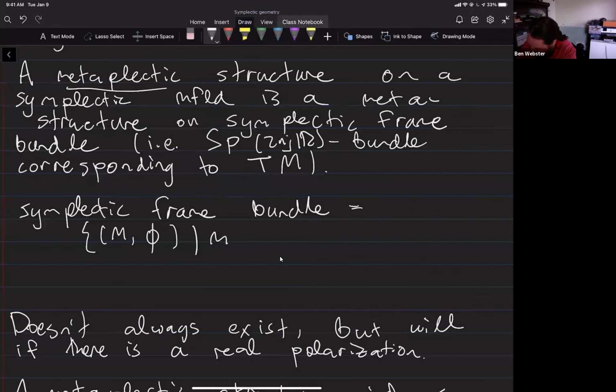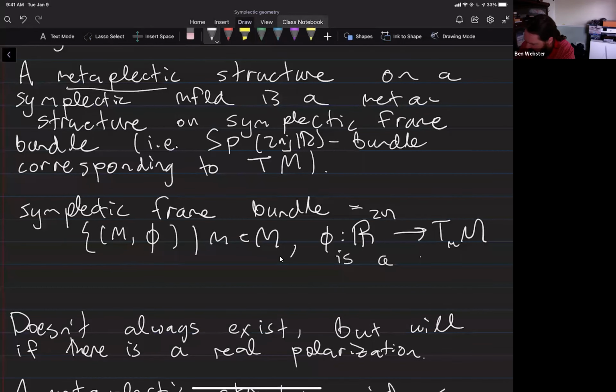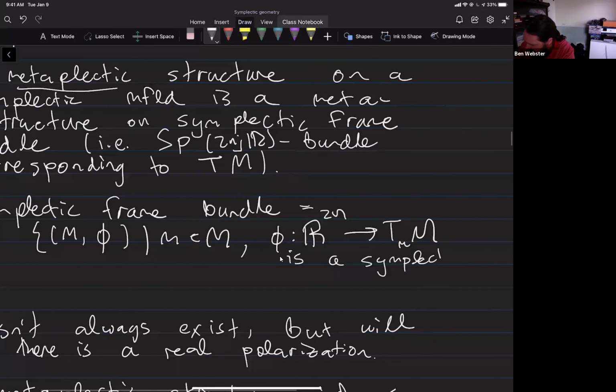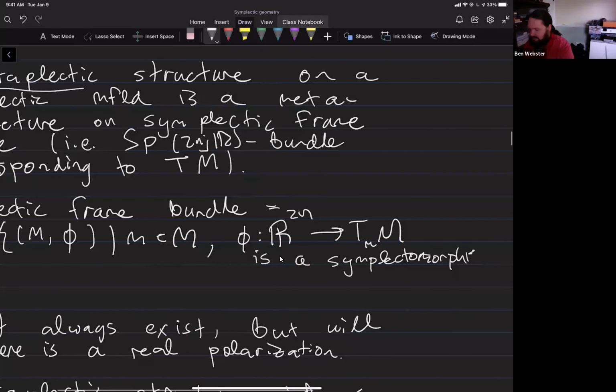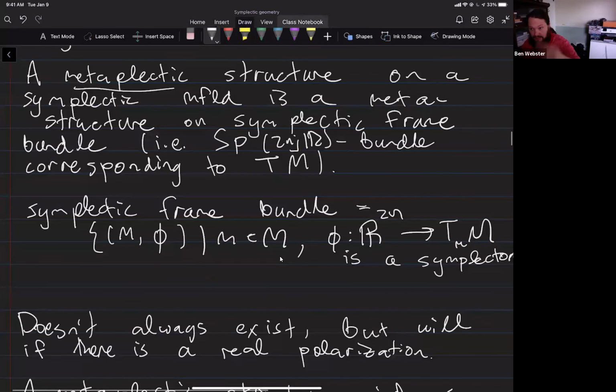Here, m is a point in M, and phi from R^2n to the tangent space at m is a symplectomorphism for the standard symplectic structure on R^2n. And so this picks up an action of Sp(2n, R) by pre-composition.